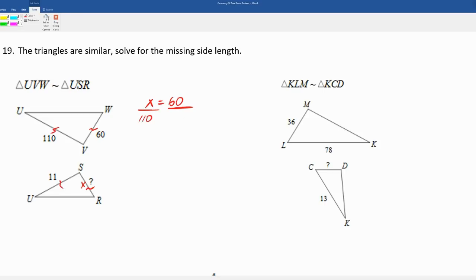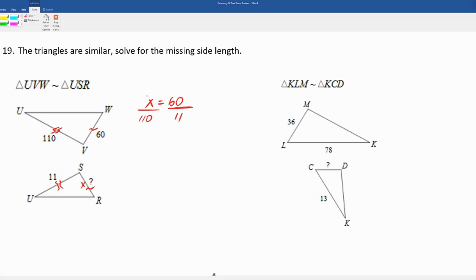You're going to compare the smallest legs in relation to their medium side length for the triangles. So you have 110 on the bigger triangle, but the smaller triangle you got 11.